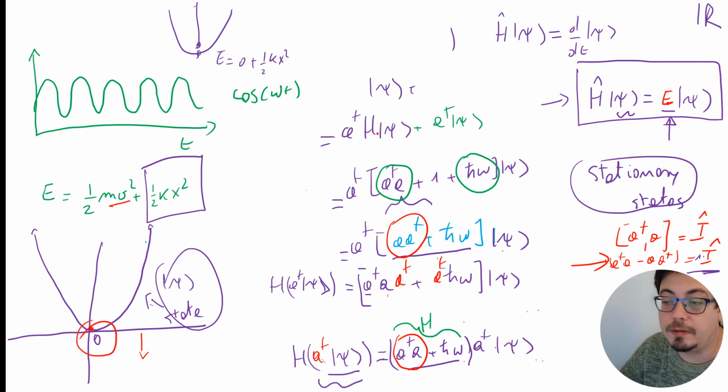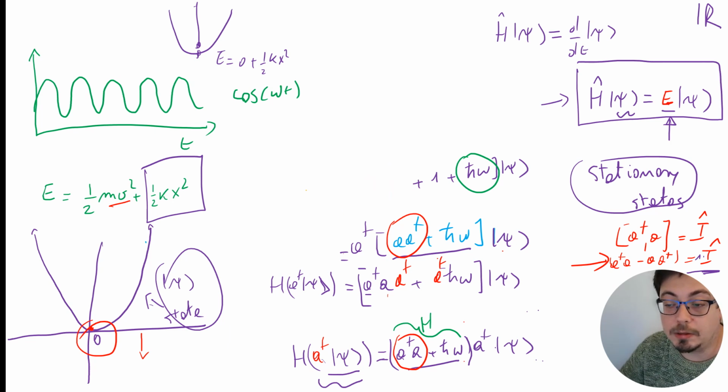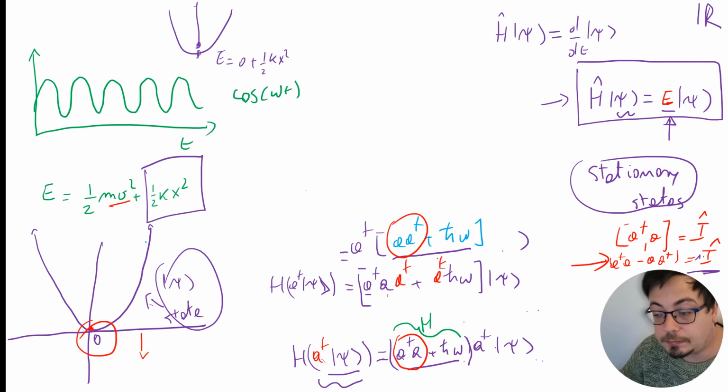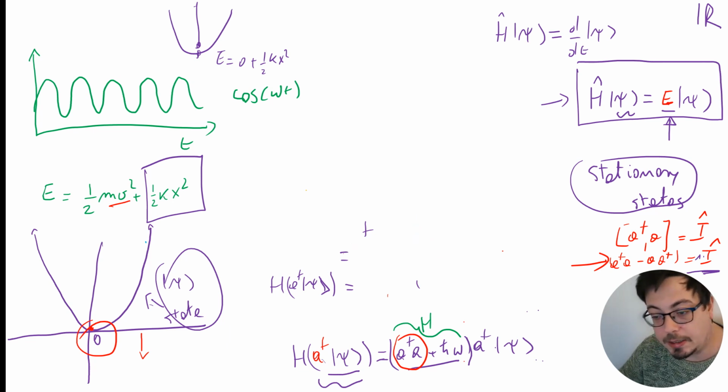So this operator is fundamental because it is the fundamental building block to populate your state with energy, to give energy to your state. So what is happening now is that the energy of the system is increased by 1 on these states here.